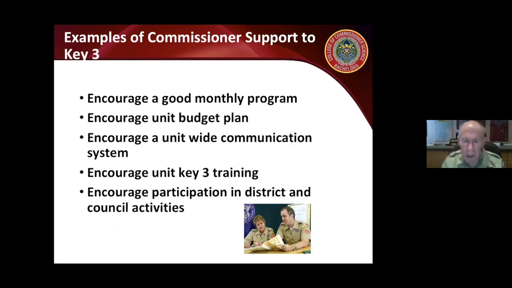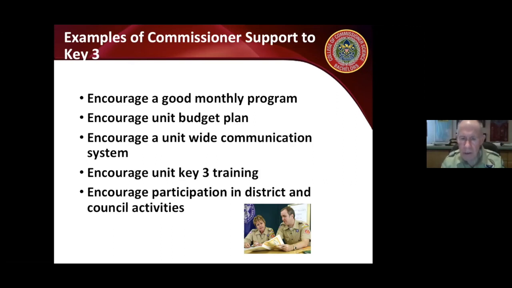The district and the council will be providing different activities from time to time. And it's always great for the scouts to be involved in something bigger than their own unit, particularly if the unit is small and they go to a district-wide or a council-wide event and there are hundreds of other people there and they are made to feel like they are part of a great organization.